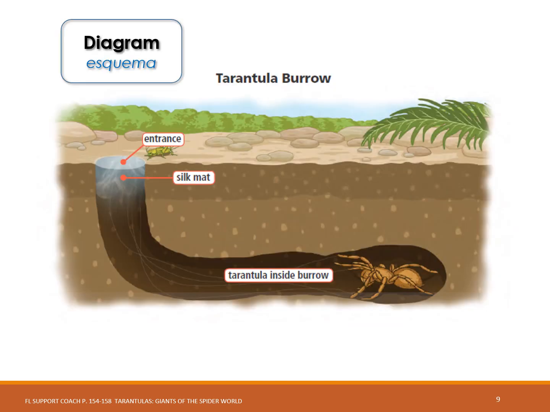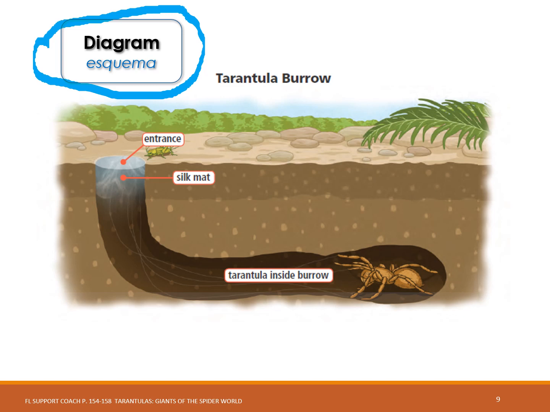Ooh, okay, as we continue, we've got a different type of image. Now, some people might think that this is an illustration because it looks like something that's been drawn, but actually this is what we call a diagram, okay? A diagram is an image that kind of breaks down the different parts and pieces of something that you need to learn about. Well, first of all, let's take a look.